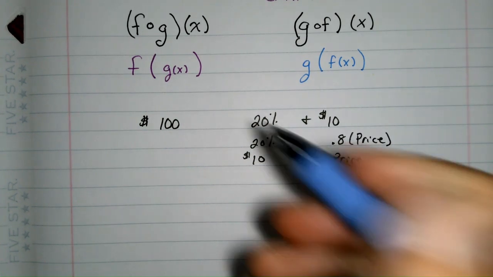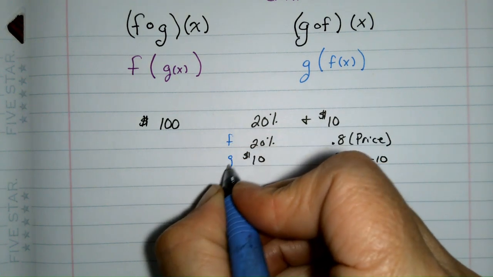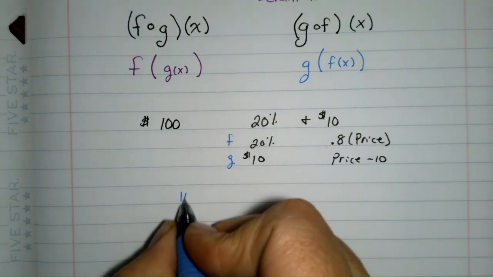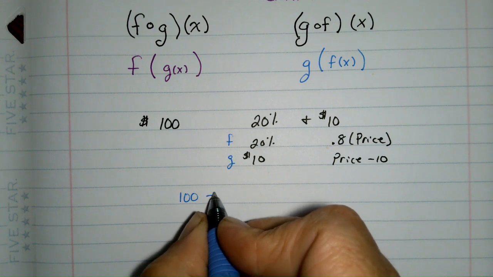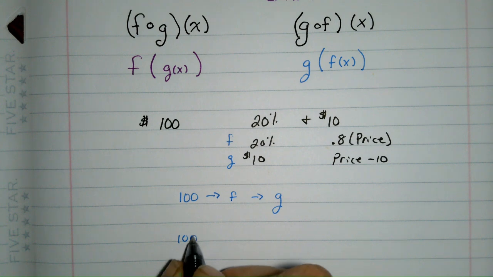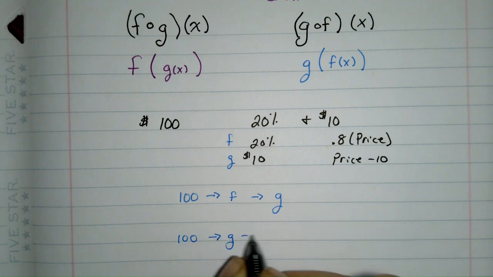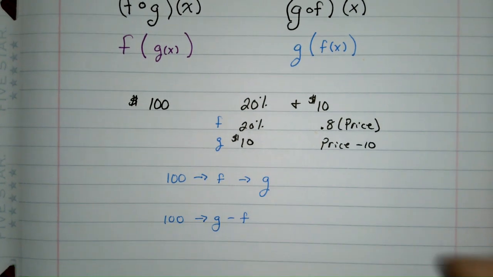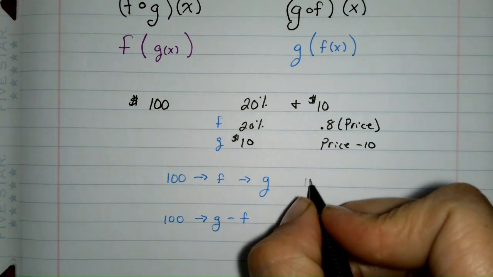Okay, so I'm going to call this one F and this one G. Let's say we start at $100 and we do F and then we do G, versus $100, do G and then do F. So we'd have $100.